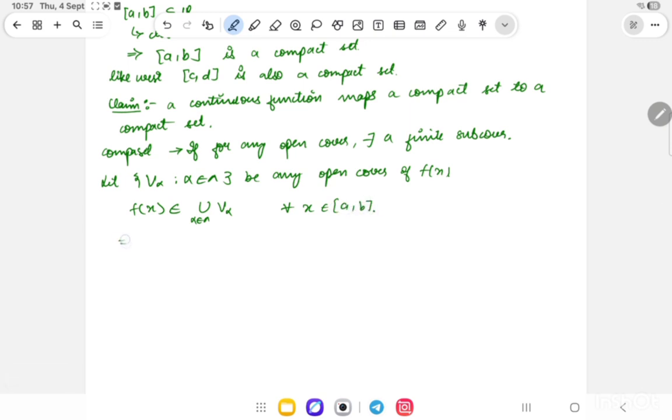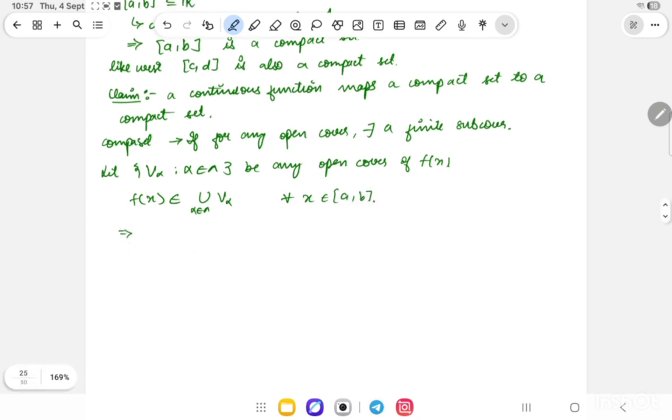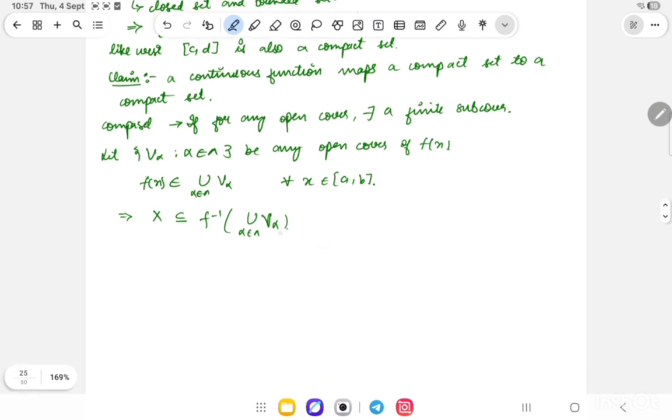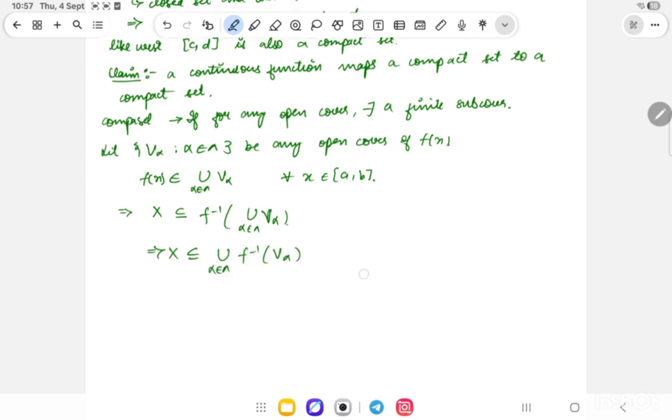So from here I can say that f(X), where I am taking x from the set [a, b], will be contained in the union of V_alpha, and so X will be contained in the union over alpha of f inverse of V_alpha.